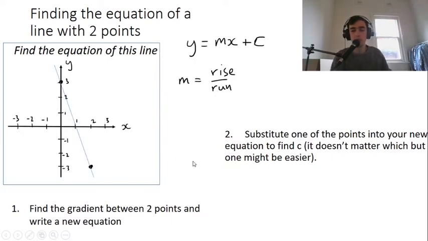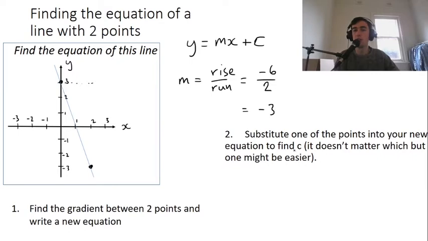I've lost my pen all of a sudden. The rise is -6, and the run, well, we're going from here to here. That's how far we're going across. How far is that? That's 2. So -6 divided by 2, which equals -3.